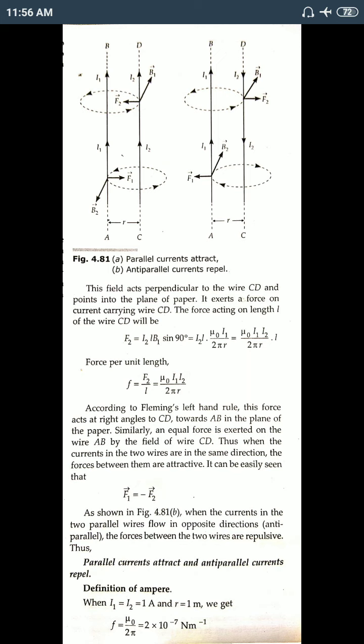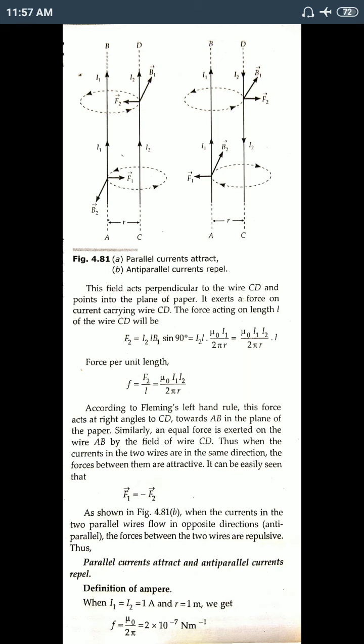So it exerts a force on CD, and if you apply Fleming's left hand rule, you see that the force direction is towards AB. That means towards AB, so it will attract.